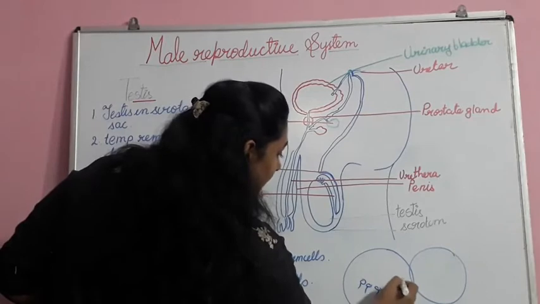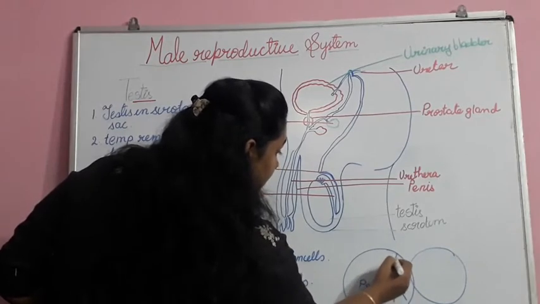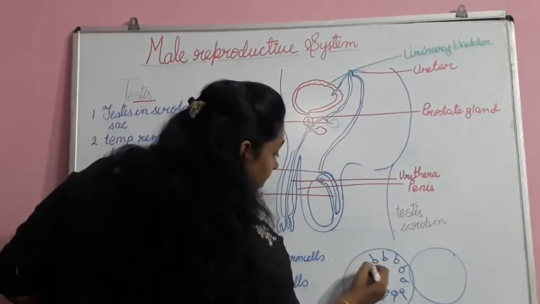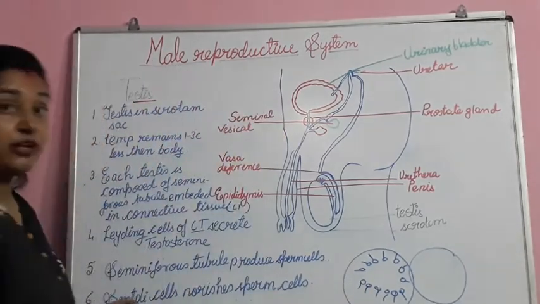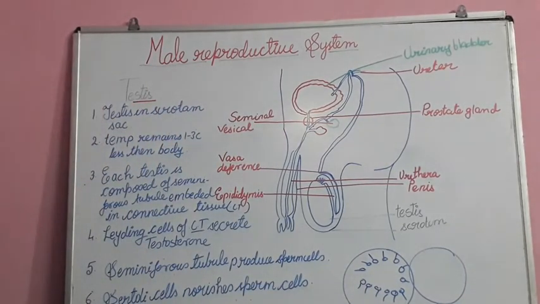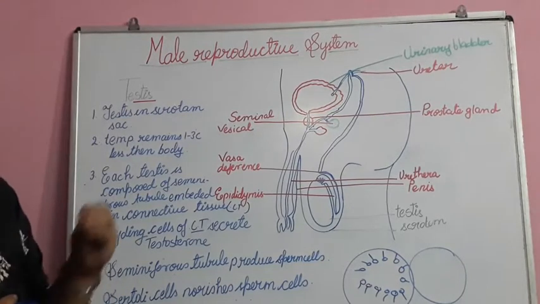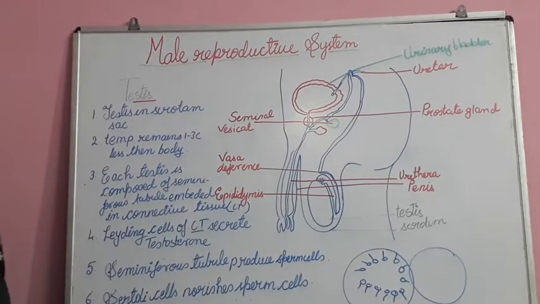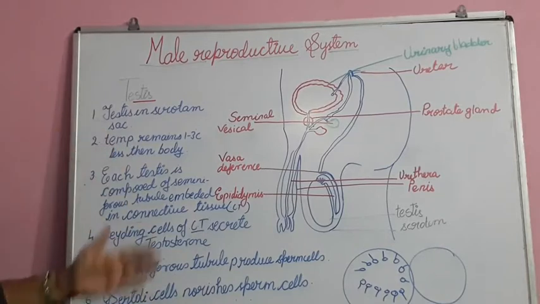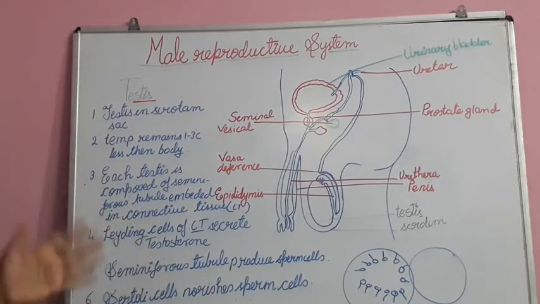If it is asked at what place exactly in the testis the sperm cells are manufactured, you are going to say the seminiferous tubule. So these are some keywords or major points for the testes.